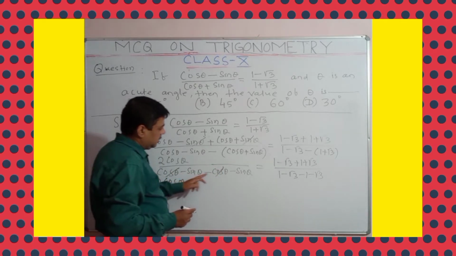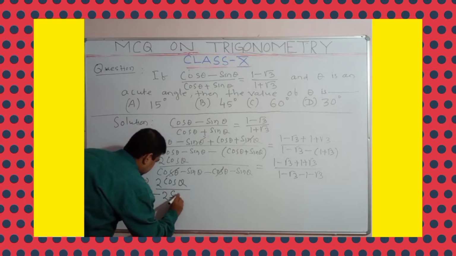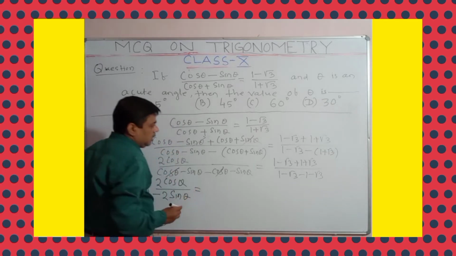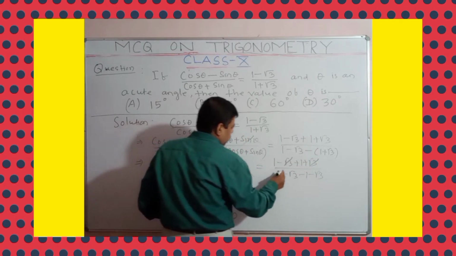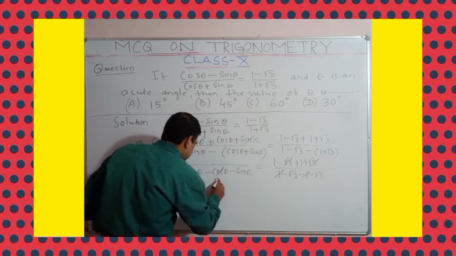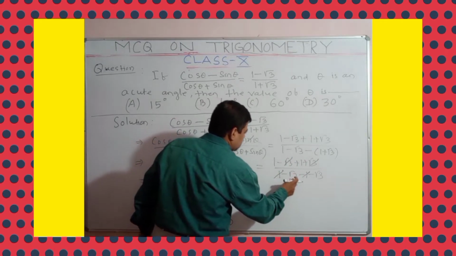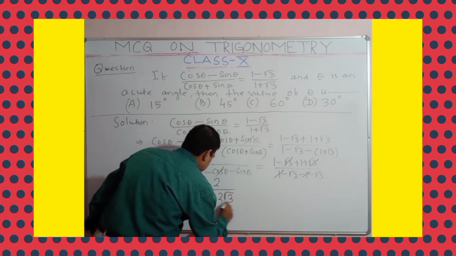Here minus sin theta minus sin theta will be minus 2 sin theta. Similarly, plus root 3 minus root 3 will be cancelled, and plus 1 minus 1 will cancel. Here 1 plus 1, 2, divided by minus root 3 minus root 3, it will be minus 2 root 3.